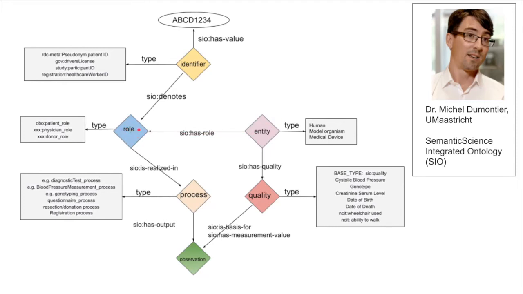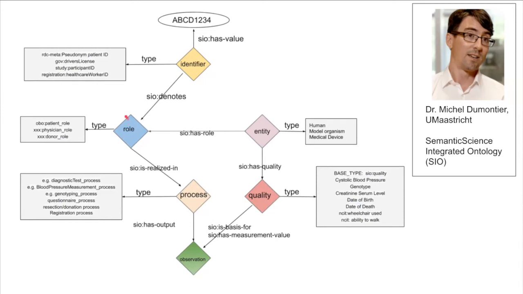So for example, my driver's license ID denotes my role as a driver. My hospital ID denotes my role as a patient. My passport ID denotes my role as a citizen, and so on. So there are different kinds of entities that have different kinds of roles, and each of those roles is associated with some identifier.